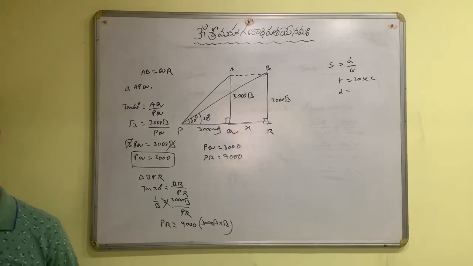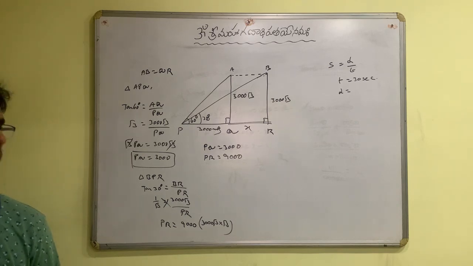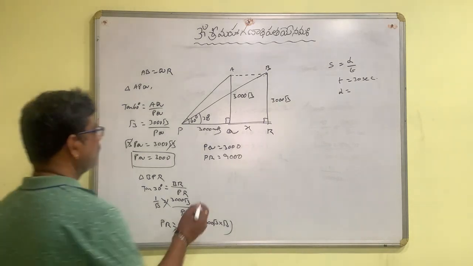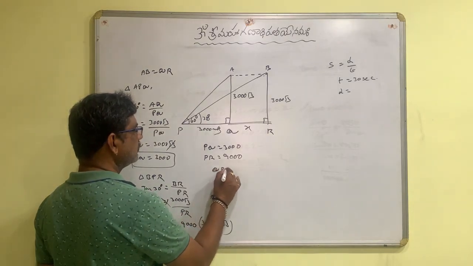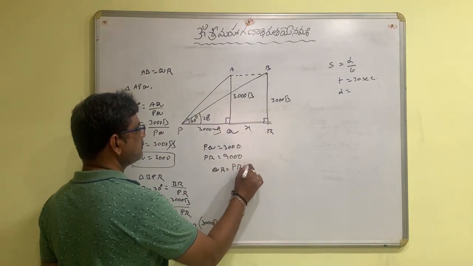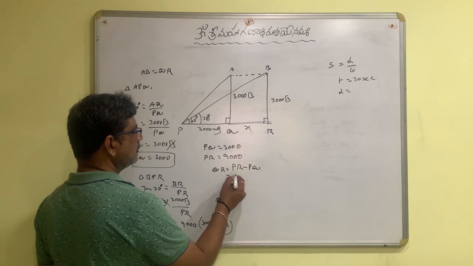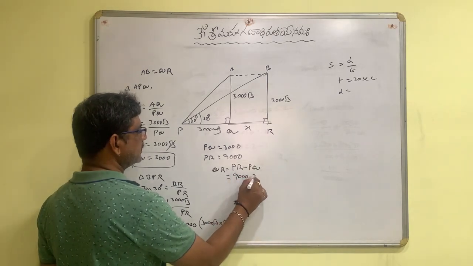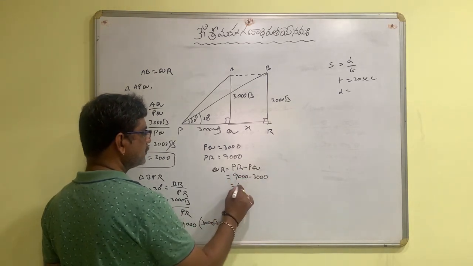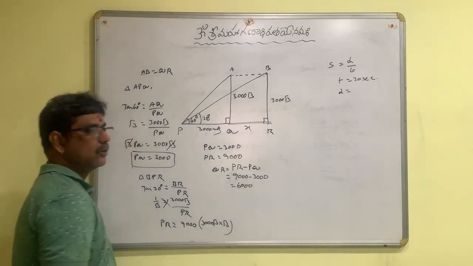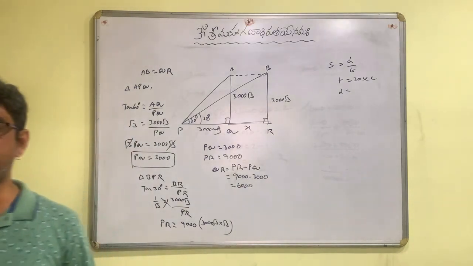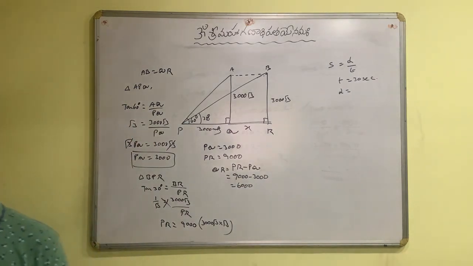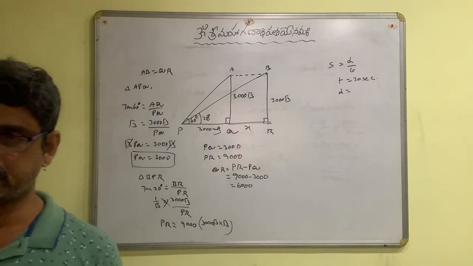Yes, 6,000, very good. QR is equal to PR minus PQ, which is 9,000 minus 3,000, that is 6,000. So the distance travelled by the aeroplane in 30 seconds is 6,000 meters.